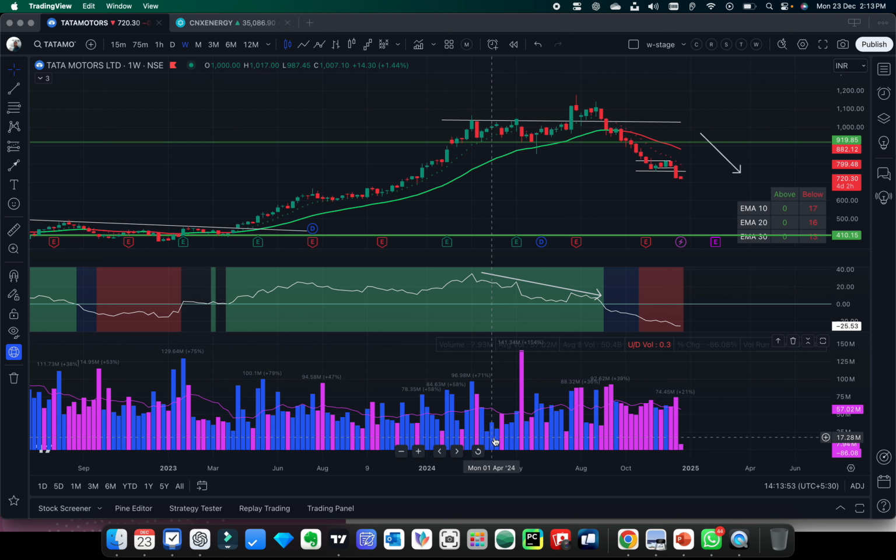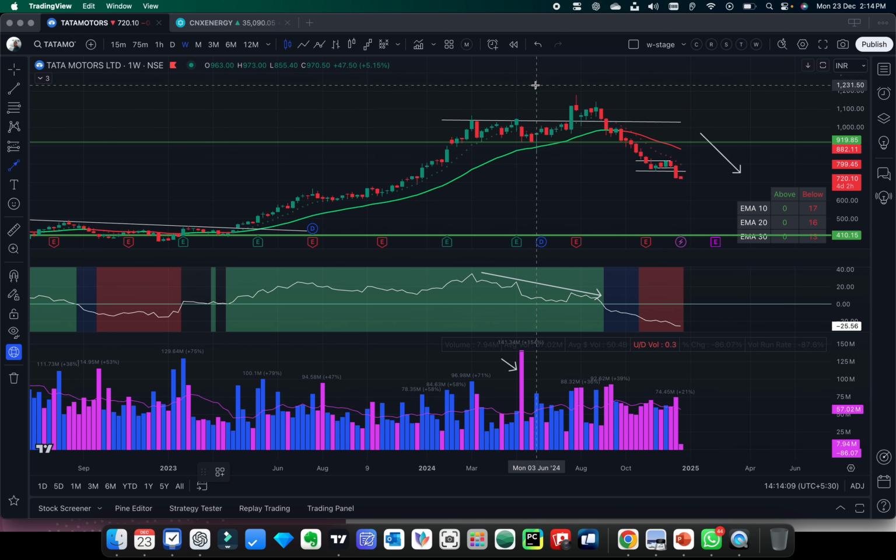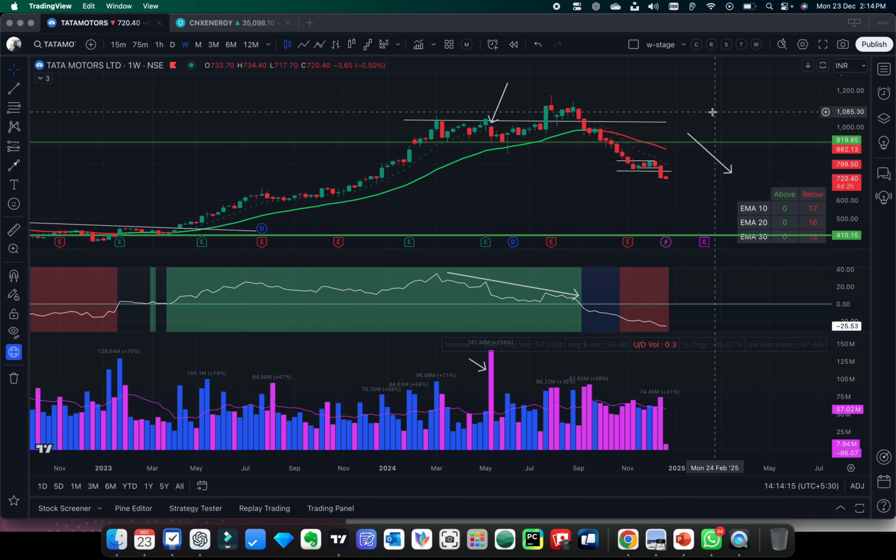And see the volume on selling, a small candle but a huge volume. So smart money has exited this stock on this candle. Where is this candle? This candle.